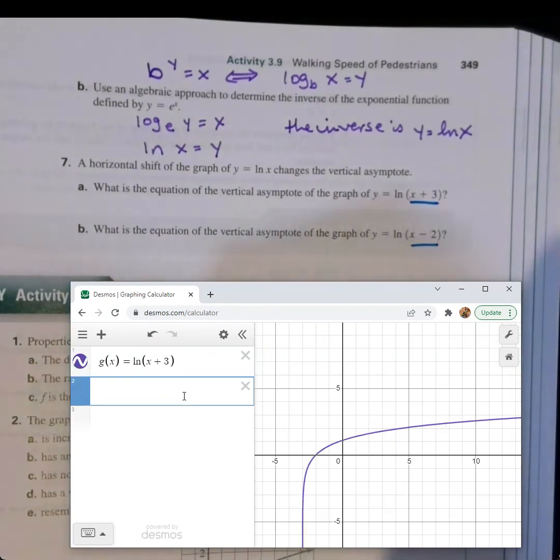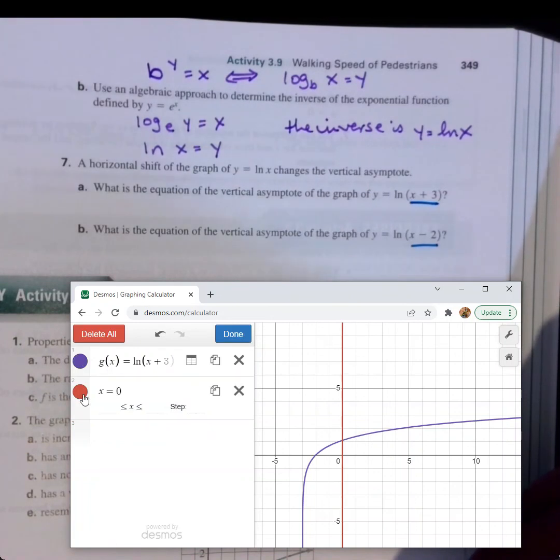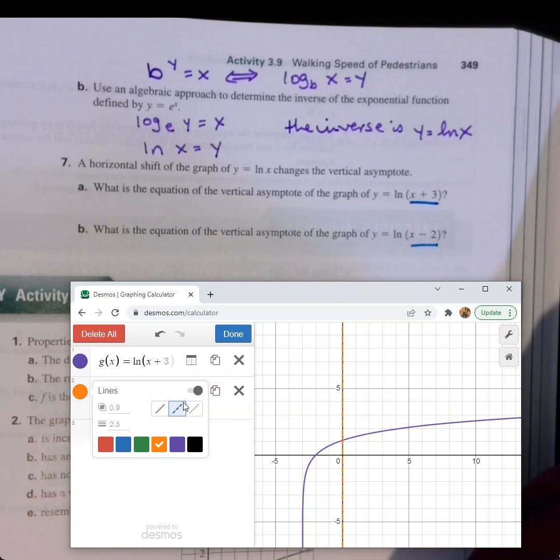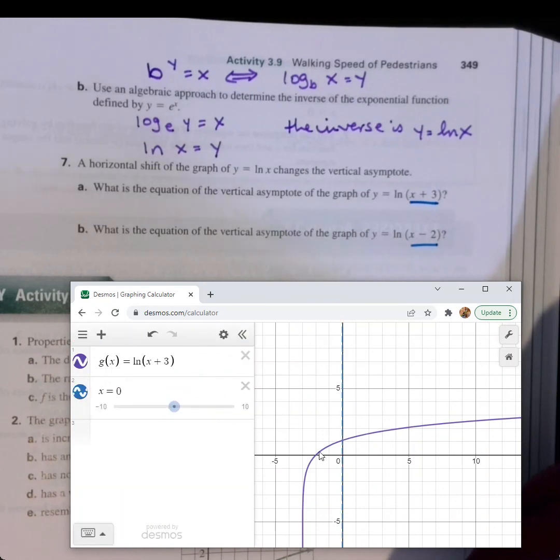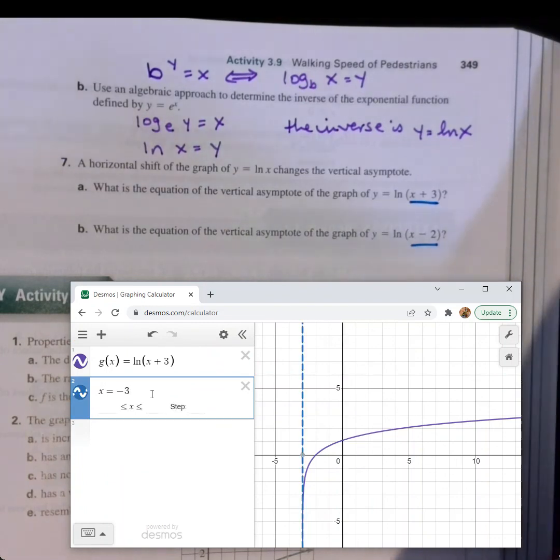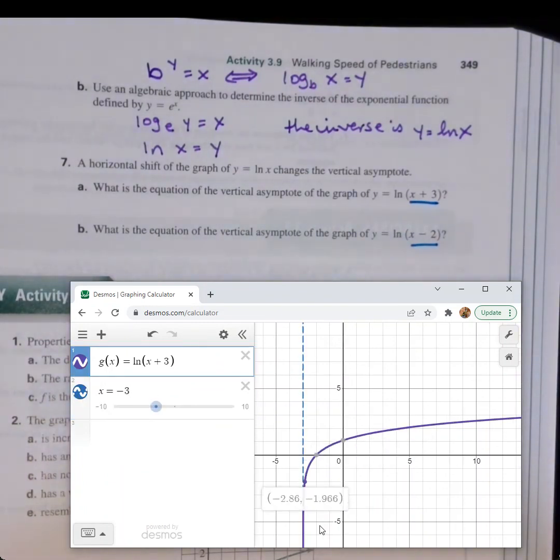Where the vertical asymptote used to be x equals 0, let me dot it before I move it. It's not at 0 anymore. It got shifted left 3, so negative 3. And so my asymptote's now at negative 3. I'm going to get closer and closer to the input negative 3 as my outputs get larger and larger.